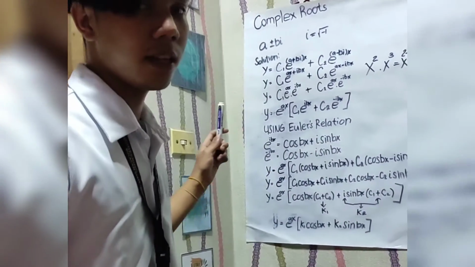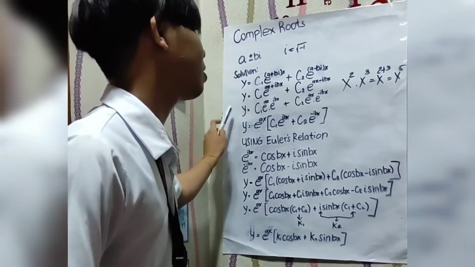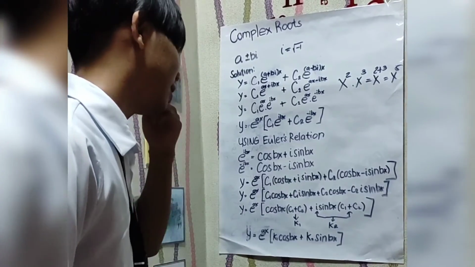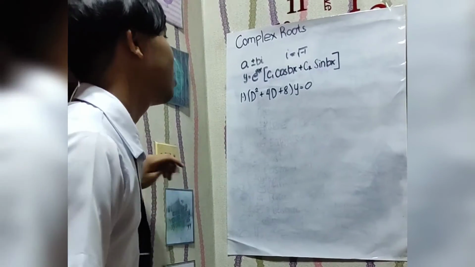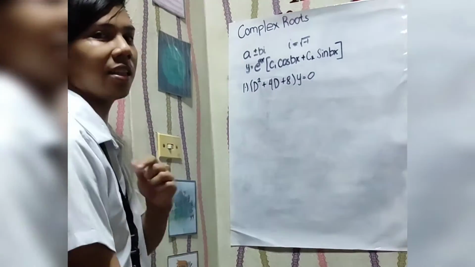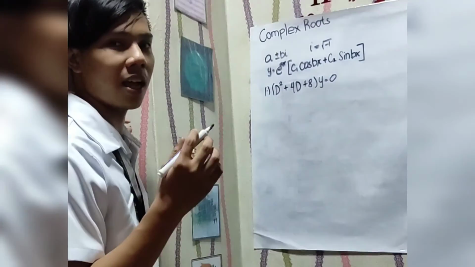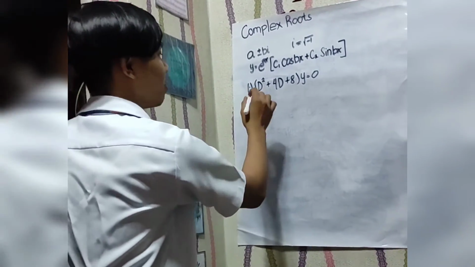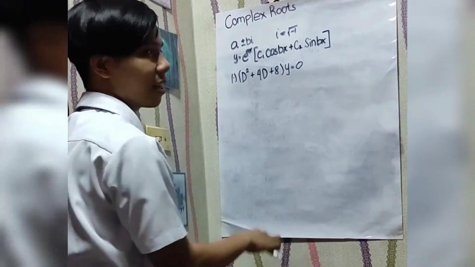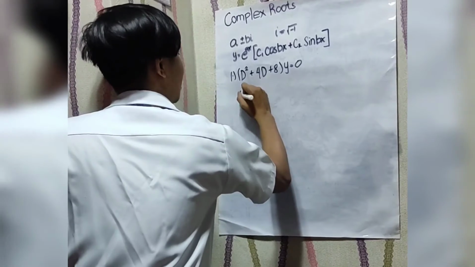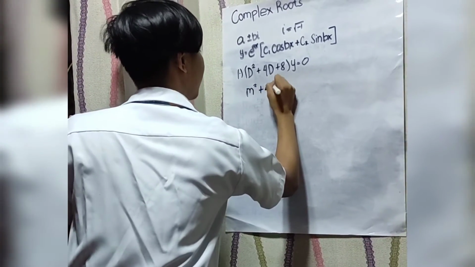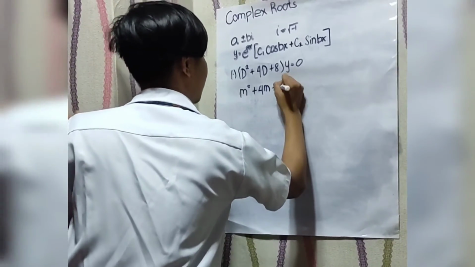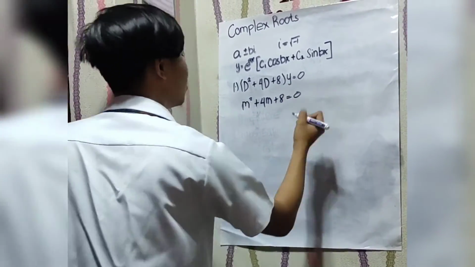Bibigyan ko po kayo ng tatlong example tungkol dito para po matest po natin. So, first example po. Ang first step po na gagawin natin is katulad lang po nung kanina. Ililipat nyo lang po siya sa auxiliary equation niya, which is m squared plus 4m plus 8 equals 0.